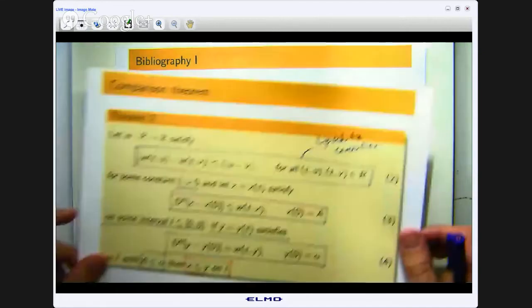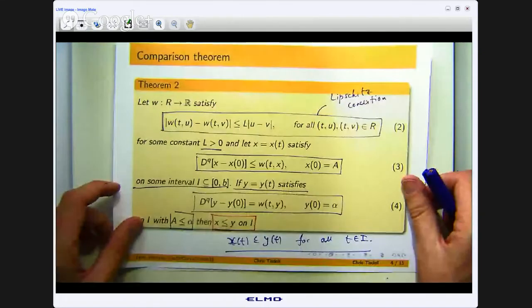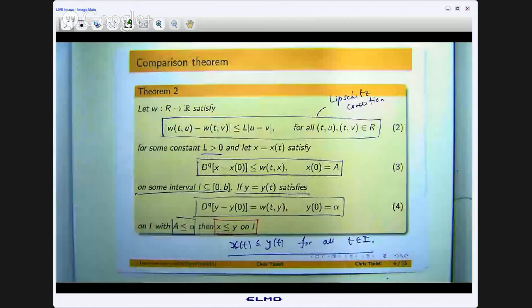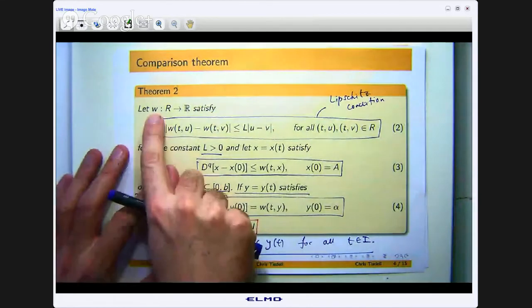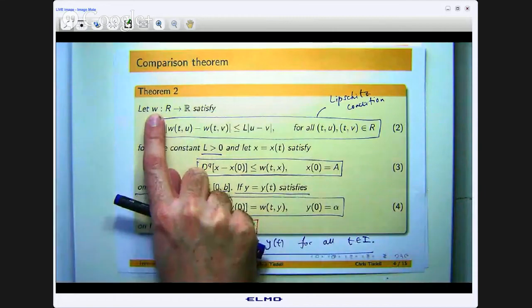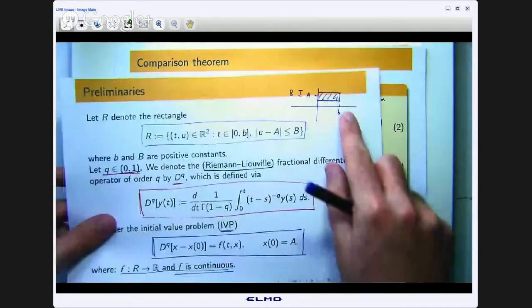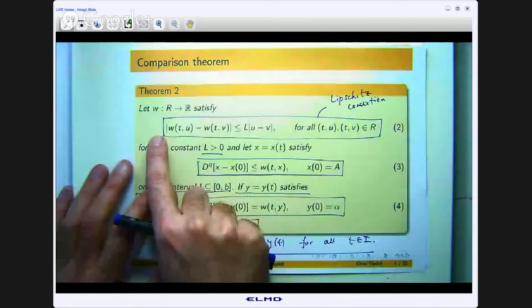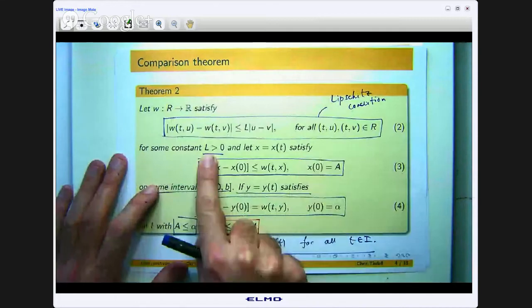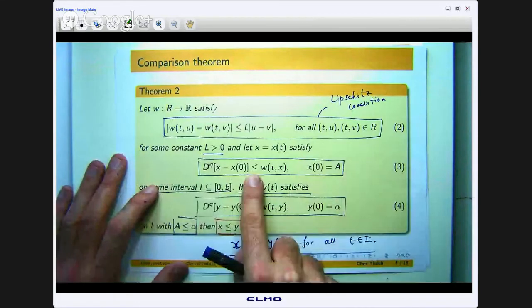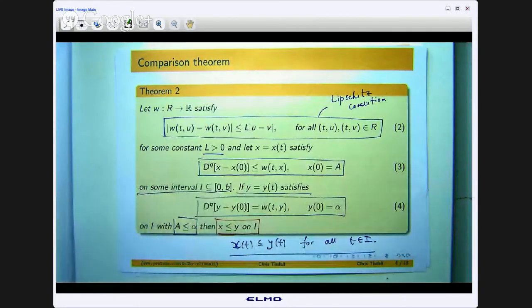So let's just recap the theorem again. Suppose W is a function that's defined on a rectangle, something like this. W satisfies a Lipschitz condition. X satisfies an initial value problem like this, where you have an inequality, not necessarily an equality.